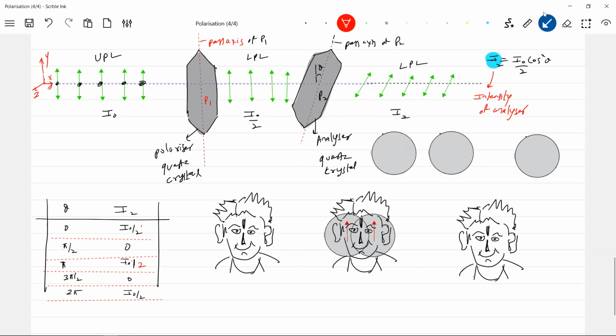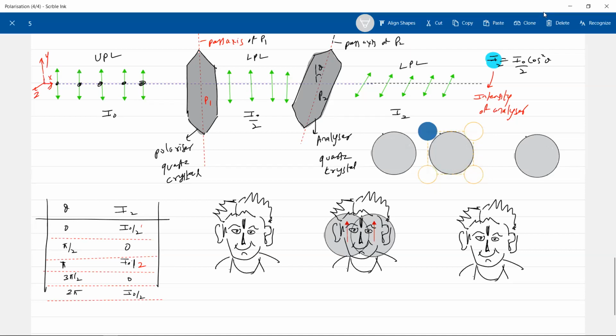Now you're going to bring two polaroids in such a way that their pass axes are perpendicular.